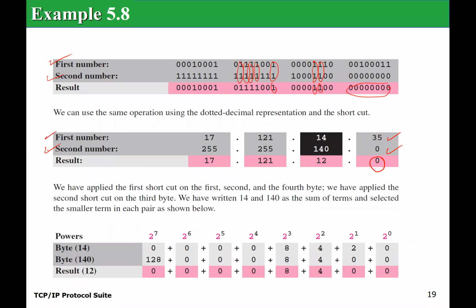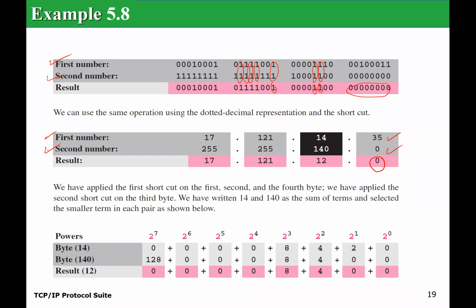When you AND a number with 255, the answer will be the number itself. That means we're always taking the smallest. So if one of the numbers is 0 or 255, we will take the minimum, or the smallest.